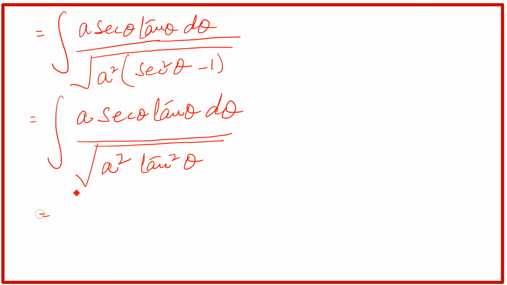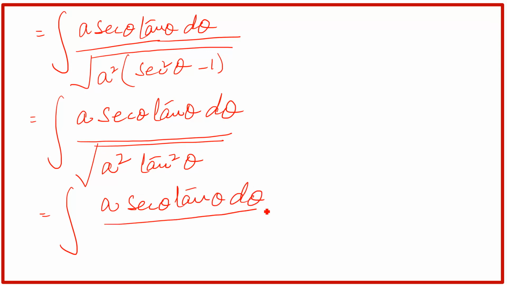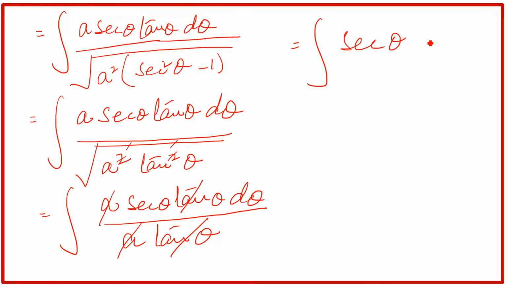Now what we will do in the next step, a secant theta tan theta, the numerator again will remain the same. In the denominator, this square will cancel with this under root. We have only a tan theta. So a will cancel with a, tan theta with tan theta, and we have the integral of secant theta d theta left, right?